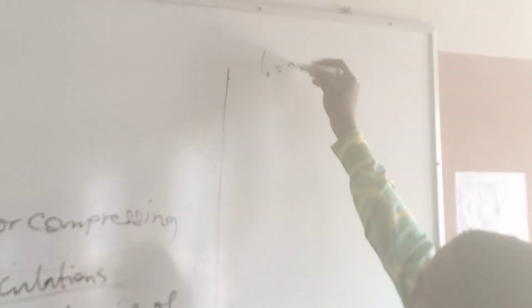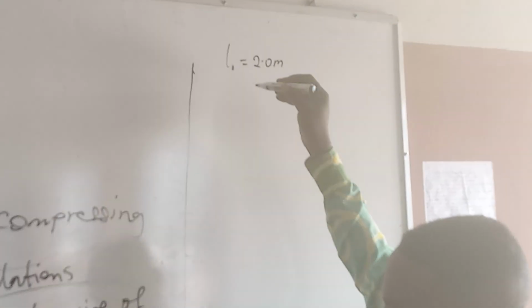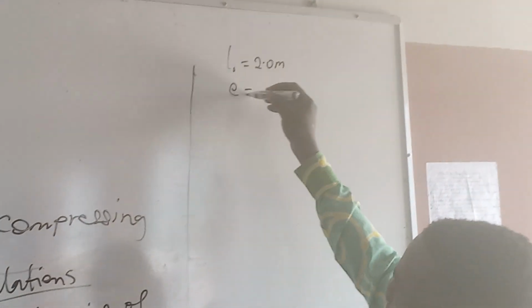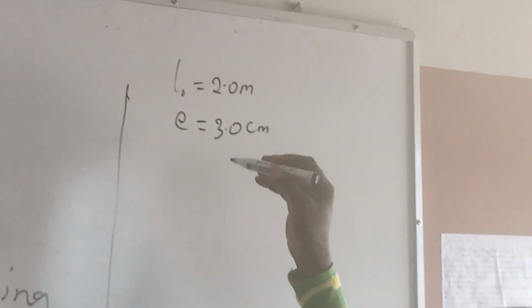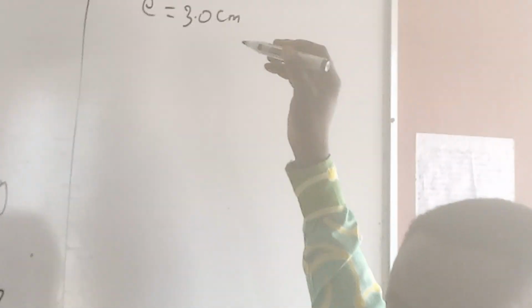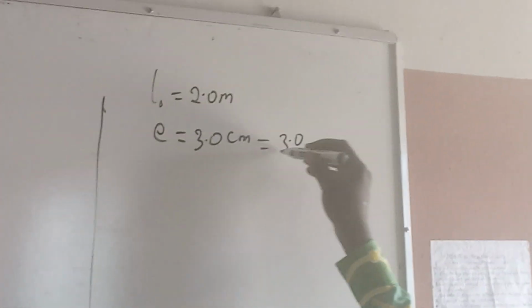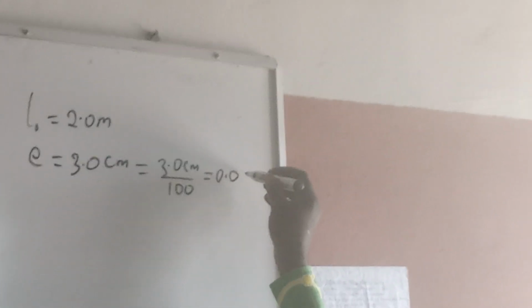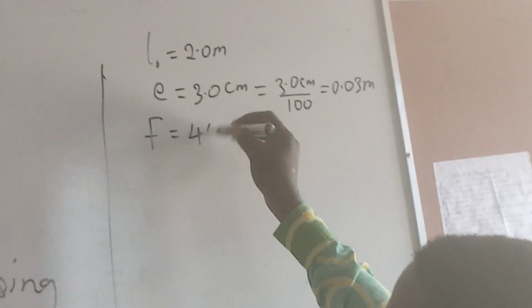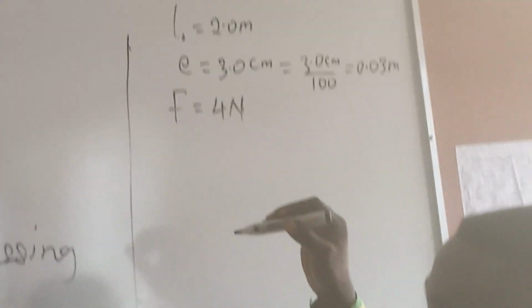The original length is 2.0 meter and the extension is 3.0 cm, which you convert to the SI unit: 3.0 cm divided by 100 gives you 0.03 meter. That's the extension produced, whereas the force is 4 Newton.